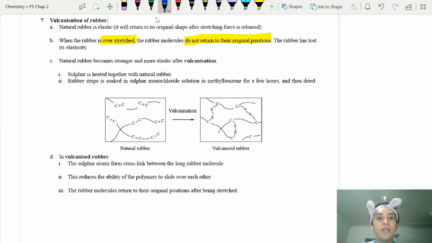But we can improve it by the vulcanization process. The key point of vulcanization is that we use sulfur. Basically you mix the natural rubber and the sulfur. The solution they use is sulfur monochloride in methyl benzene. Know these two things.